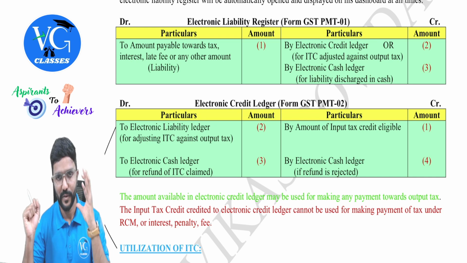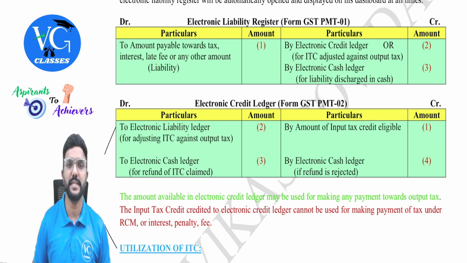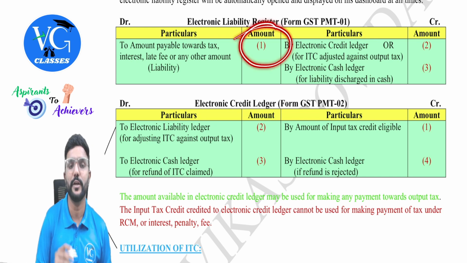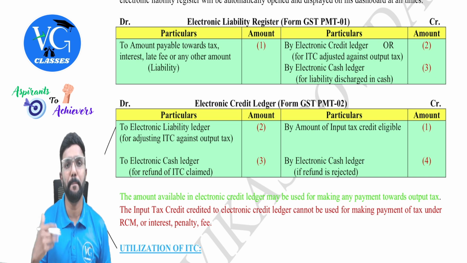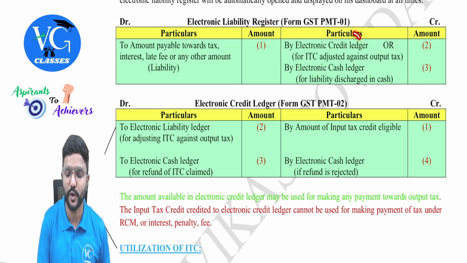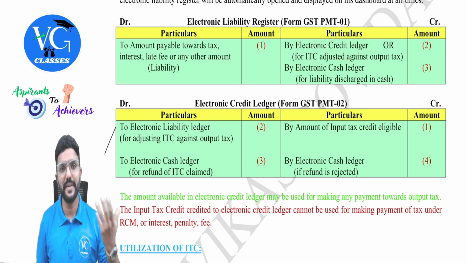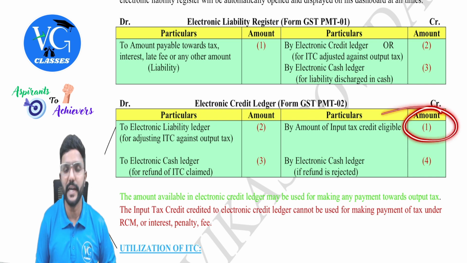Yes, sir. So let me explain. Listen here. Whatever the person is liable to pay under GST, first it would be debited to the electronic liability register. Then how will he pay, it will be shown on the credit side. First choice is always the electronic credit ledger. So whatever credit balance is there for the registered person under GST with respect to his inward supply will appear on the credit side of the electronic credit ledger.